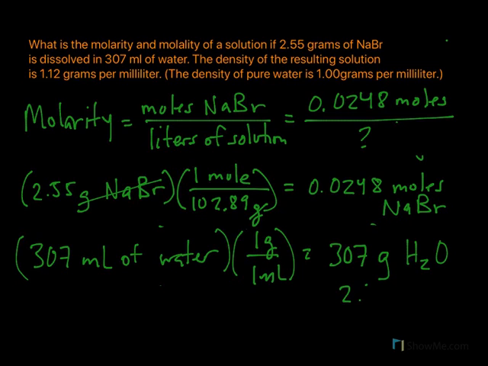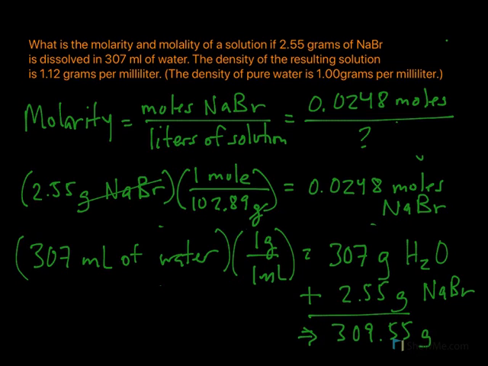Well, we have 2.55 grams of sodium bromide. This is the mass of our solute. If we add these two together, we get 309.55 grams of solution, because solution is solvent plus solute. So this is the weight of our solution.